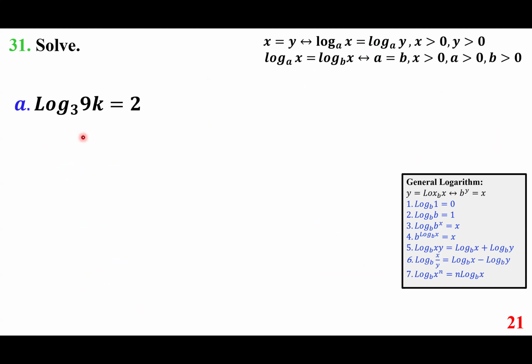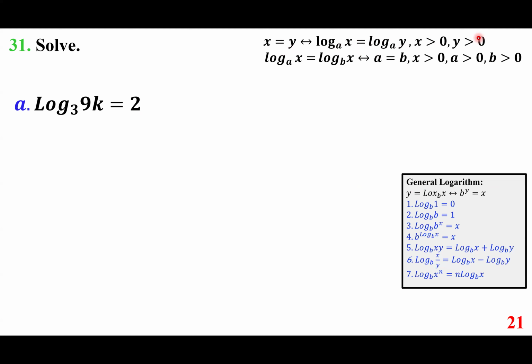We want to continue solving equations involving logs and exponentials. Log base 3 of 9k equals 2. Remember the general format. As far as logarithmic equations, if x equals y, log x and log y with any base must be the same. Bear in mind, x and y must be positive.